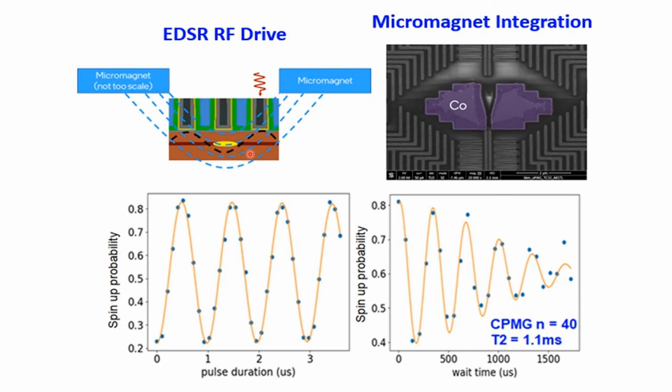In this way, the qubit sees the static magnetic field as if it were an AC magnetic field, and we can also manipulate the state of the qubit. The decoherence time in such a material system is measured to be around 1.1 milliseconds.